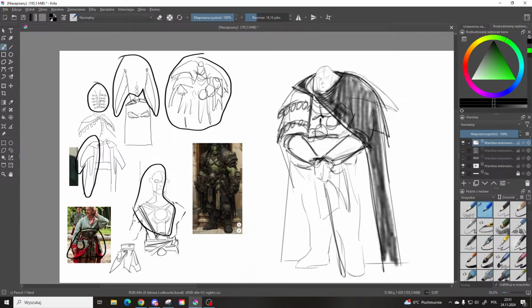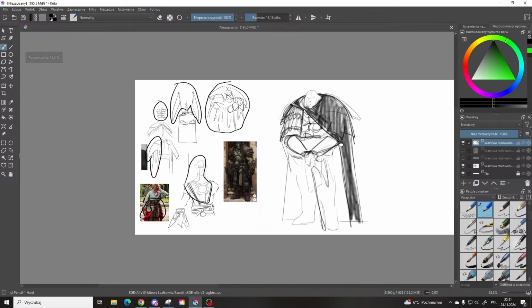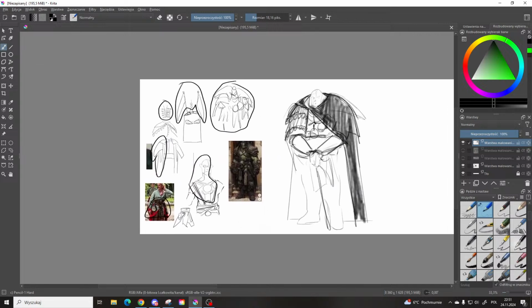And for the helmet I will have to spend additional time designing just the helmet. I think it's good that it's becoming the essence of design here.